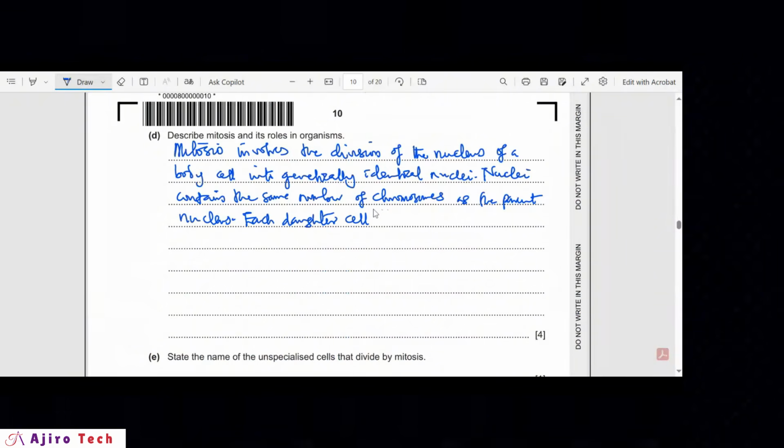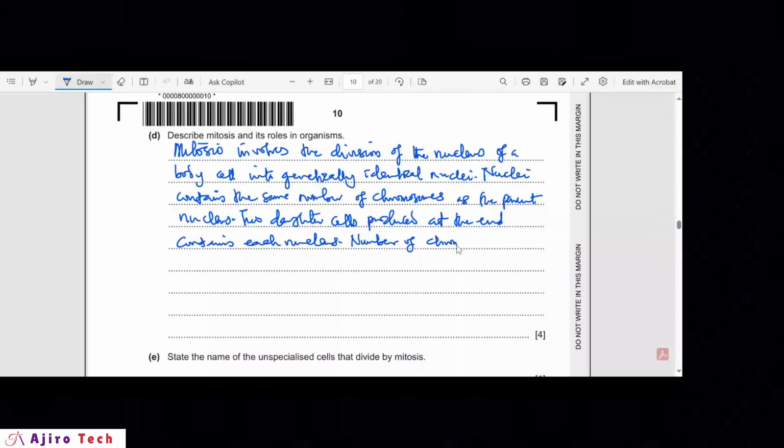Each of the two daughter cells produced at the end contains a nucleus. The number of chromosomes remains the same in the daughter cells.